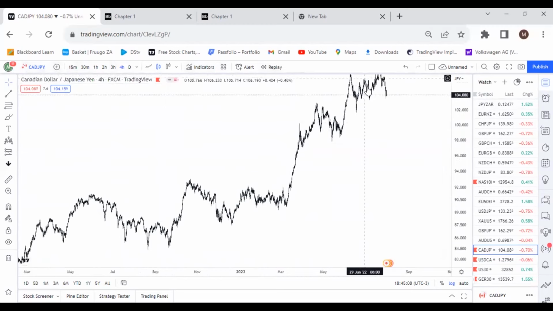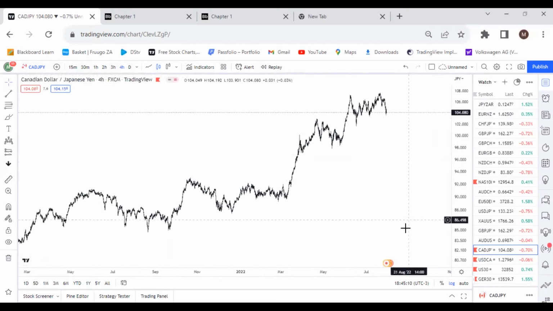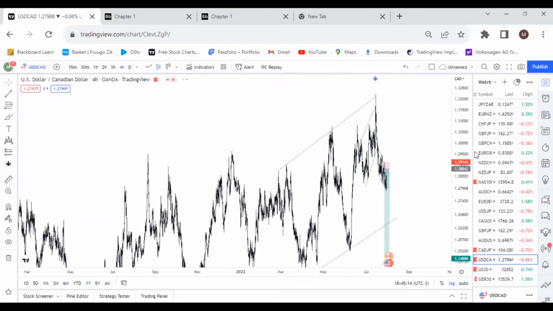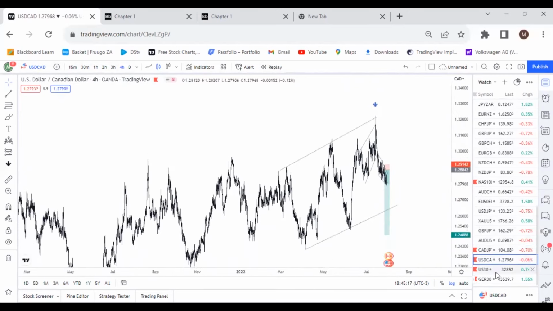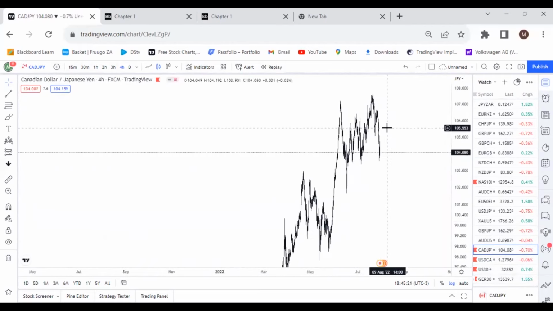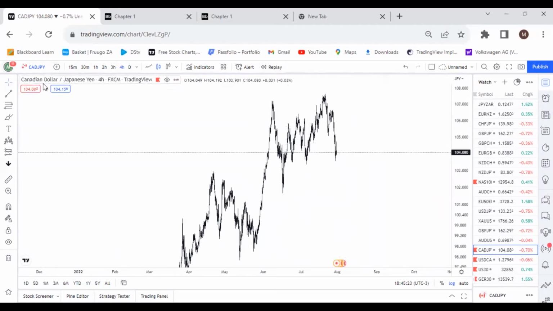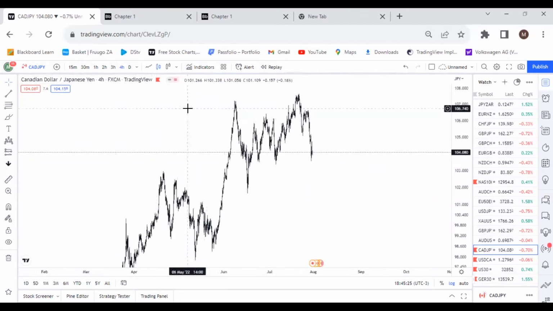So this is the Canadian Japanese yen. The previous ones were USD CAD and US30 and German 30. So the last one we're going to look at is the Canadian dollar against the Japanese yen.